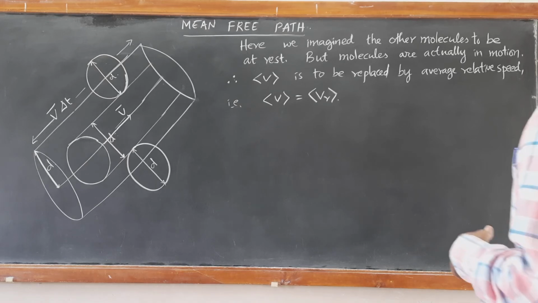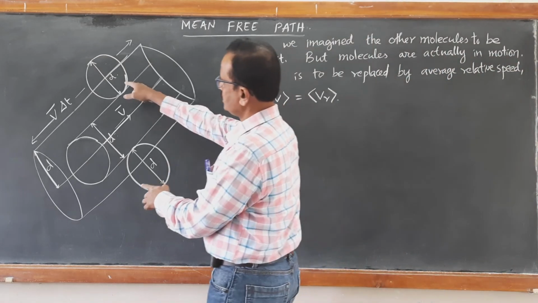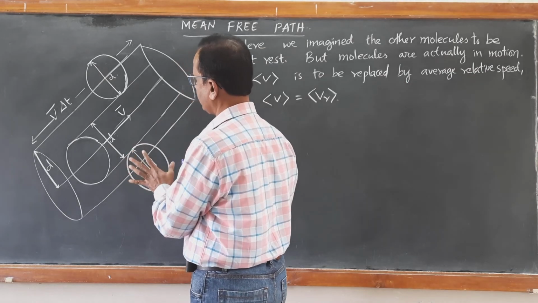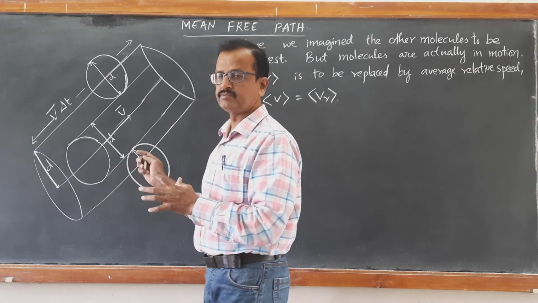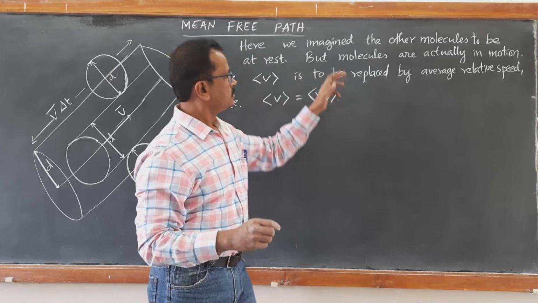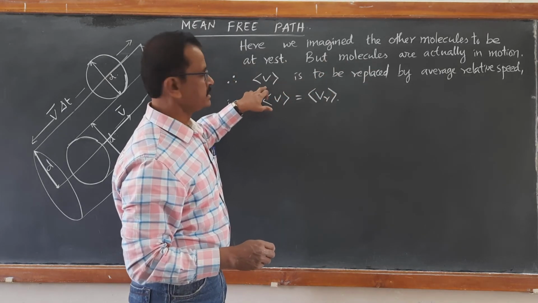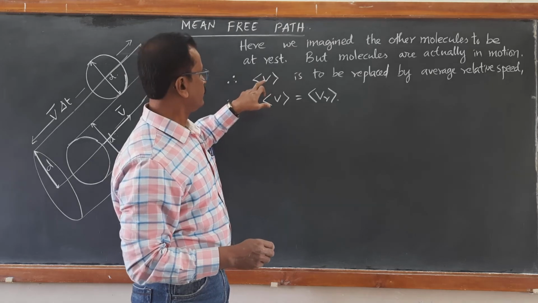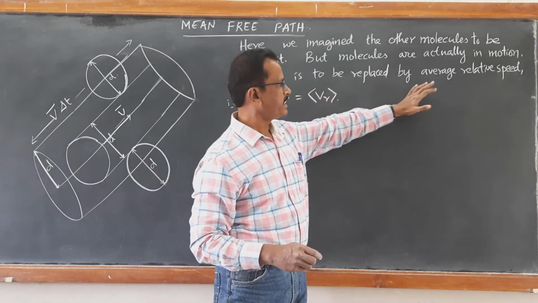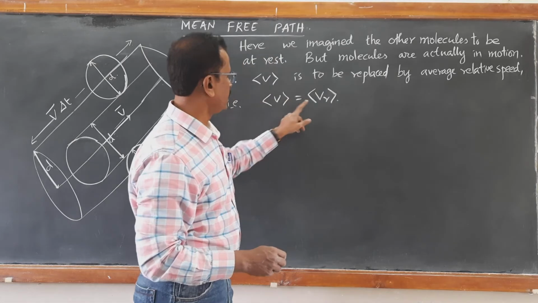Here we imagine the other molecules which are going to come in contact to be at rest, but these molecules are also in actual motion. Therefore, the average speed which we have considered, V bracket, is to be replaced by average relative speed VR.